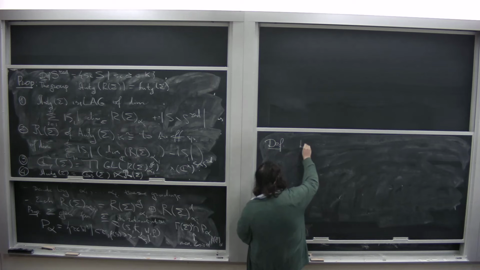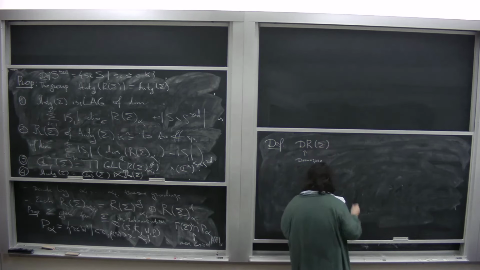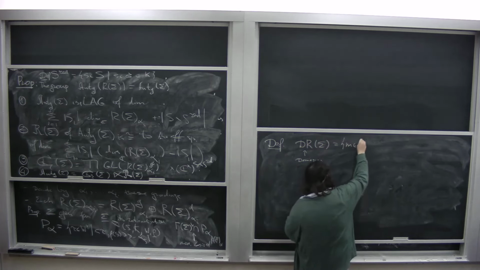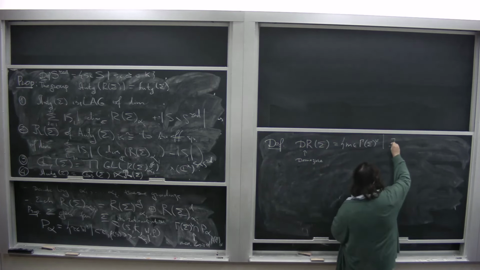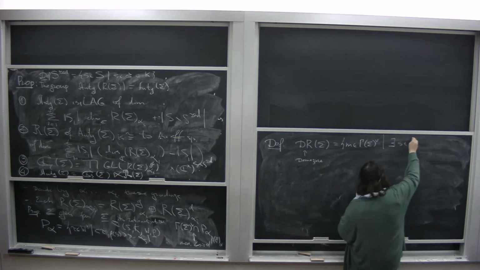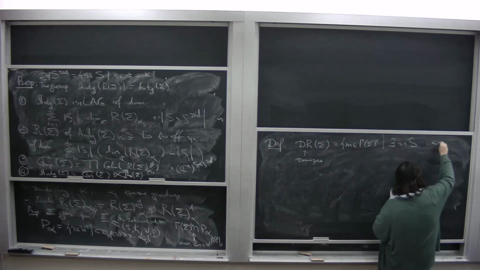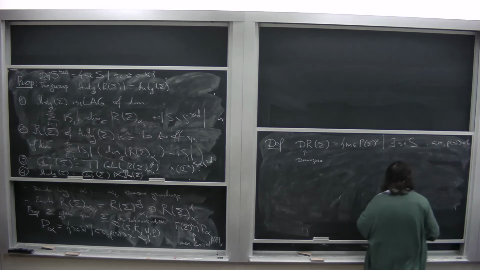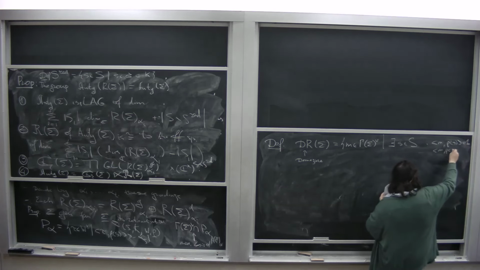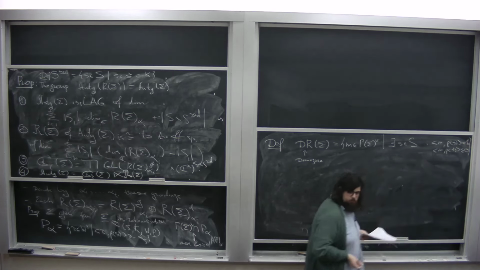So we have the following definition: the set of de Mazur roots. De Mazur roots of a generalized fan is a collection of all m's in this sigma dual, such that there exists an S small inside of S large, such that if we pair like this, we get 1, and for everything else, we get something which is less than or equal to 0.